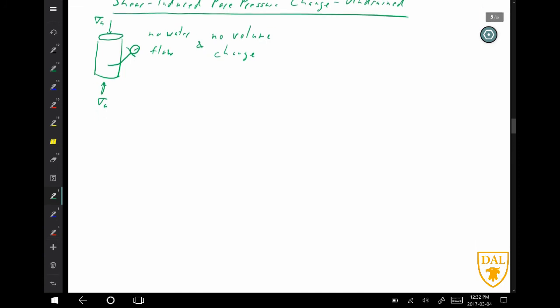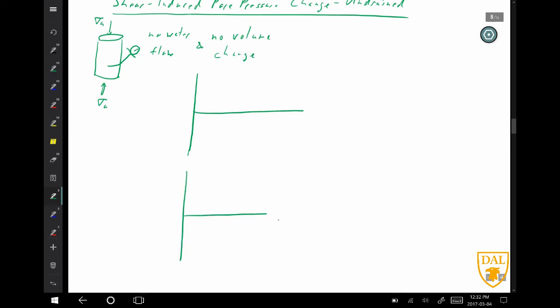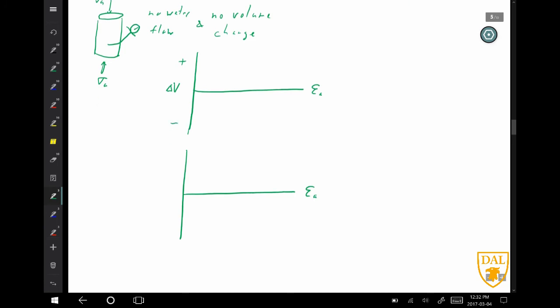All right. So let's draw our little couple of plots again. Okay, one over the other. And again, the horizontal axis is axial or vertical strain. We'll make the top plot be change in volume, dilatant and compressive.